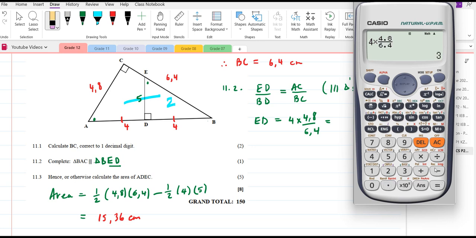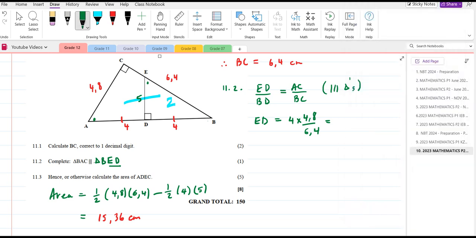So I'm getting an answer of 3. This should be 3. So not 5 here, it should be 3 there. And that is 6. And we should get 15.36 minus 6, which is 9.36 centimeters squared.